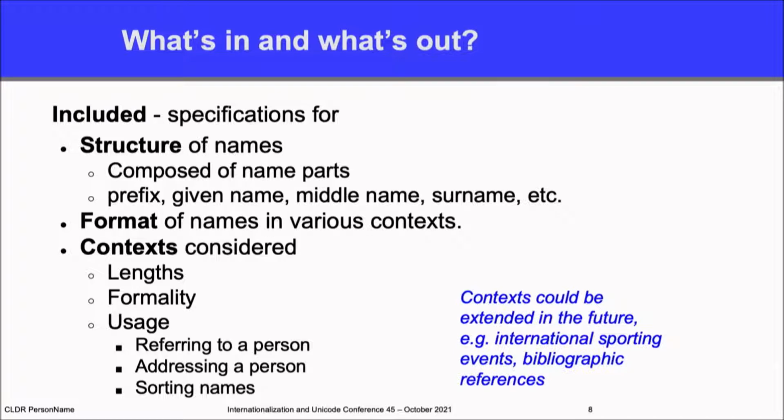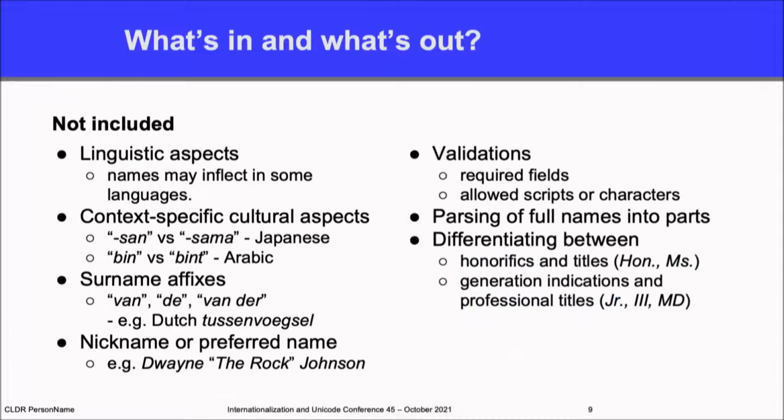So there are two different references, and I'll show some examples later on why that is important. And also, what format do you use for sorting of the name? If it's going to be sorted in an indexed list, if it's going to be telephone order, etc. There is the provision that in the future, so this is like a version 1, there could be additional versions that add additional context or constructs based on feedback from the community.